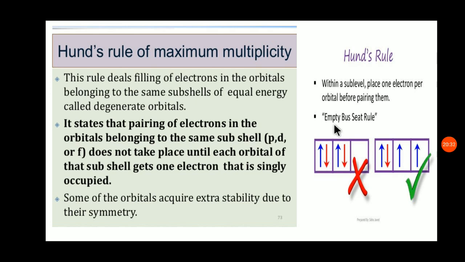For example, a p subshell contains 3 orbitals. We have 4 electrons. How do we fill the p orbitals? The first electron fills the first orbital, the second electron fills the second orbital, the third electron fills the third orbital. The fourth electron goes to the first orbital.